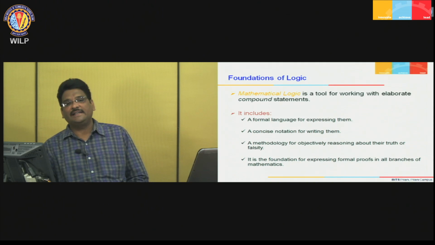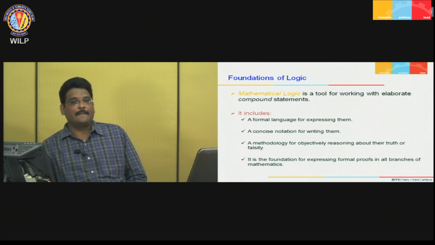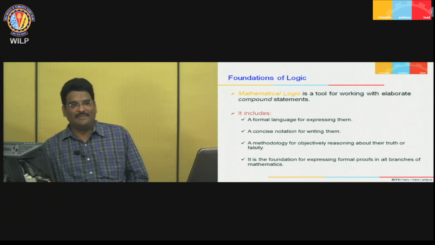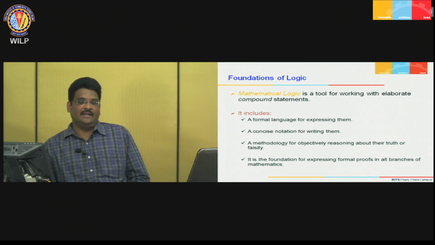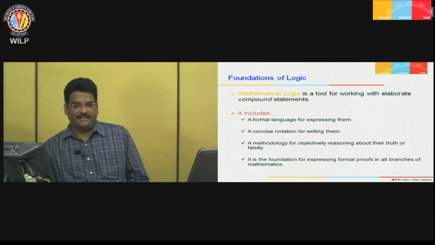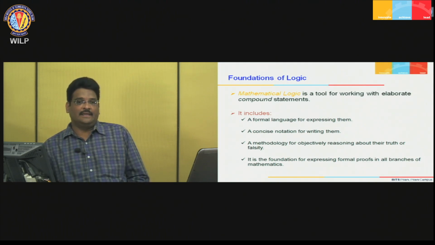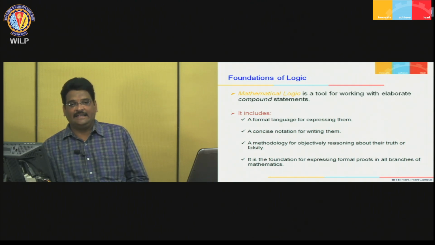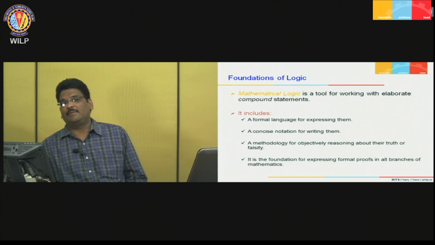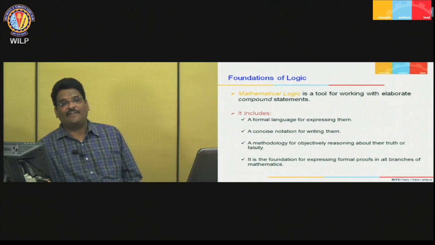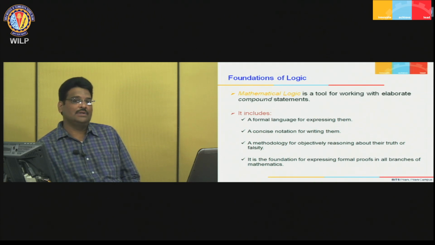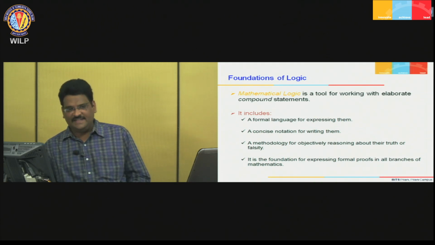Another important thing is, it deals with different methodologies of proving a statement. What I mean here is, you have a statement like Pythagoras theorem, a statement about the right angle triangle: the sum of the squares of the sides of a right angle triangle is equal to the square of the hypotenuse. This is a statement.